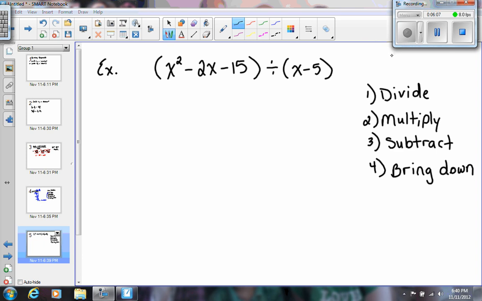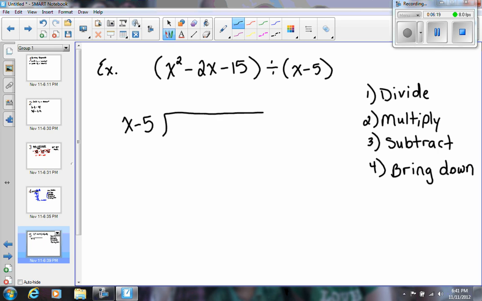Okay, same process, different problem. I'm dividing this time by x minus 5. So that's going to go on the outside. And I'm dividing x minus 5 into x squared minus 2x minus 15. Now, we're going to use the same steps. So the first thing is to divide.